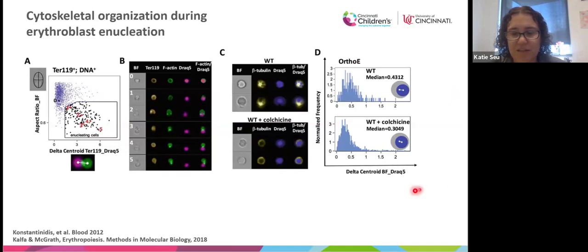You can see these actin and tubulin structures that form during the process, and the nuclear asymmetry that typically precedes enucleation was found to be reduced, as measured here, when you inhibit microtubule assembly with colchicine. So all of these measurements can be done with the IDEAS analysis software from the data that you get from the ImageStream.